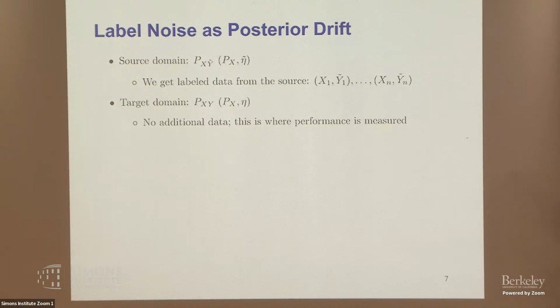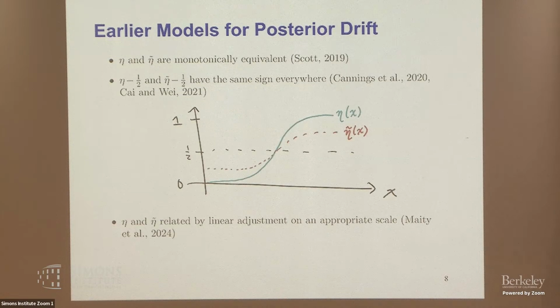Clearly, if you don't make any additional assumptions, eta tilde could be radically different from eta, and it might be very challenging to solve this problem. So people have looked at different models. One model that's been adopted is to assume that eta and eta tilde are monotonically equivalent, and that was useful in analyzing a different performance measure. But the one I'm focused on today is just misclassification rate, the most common performance measure.